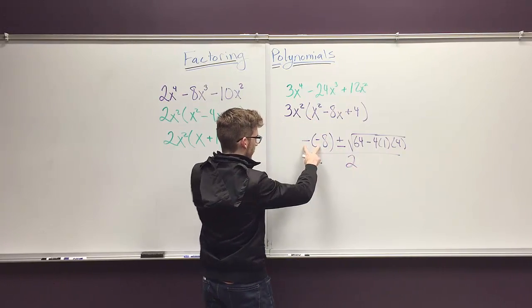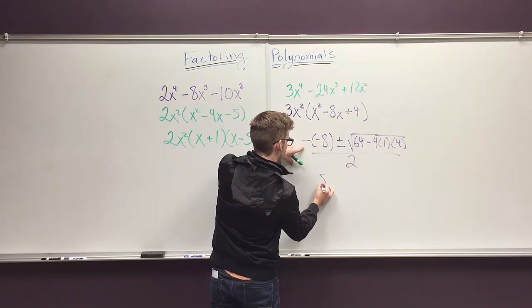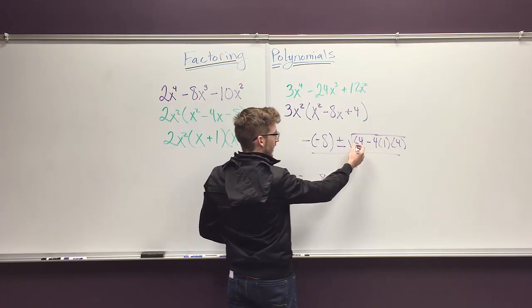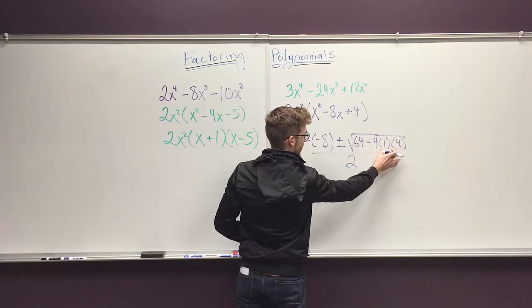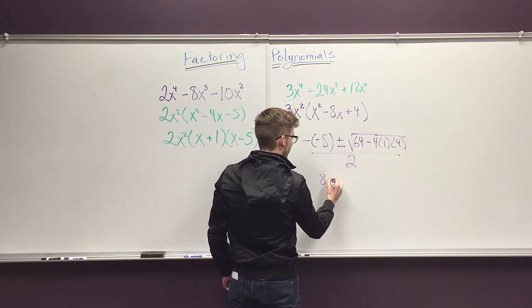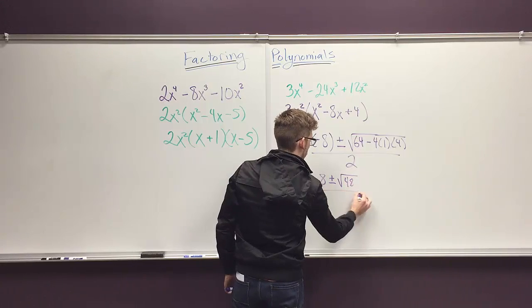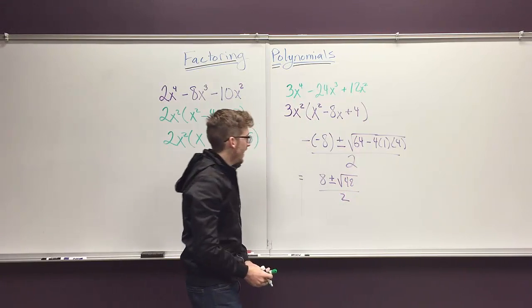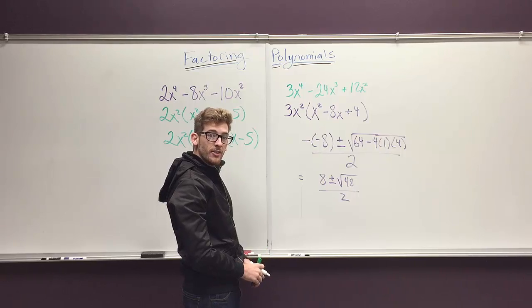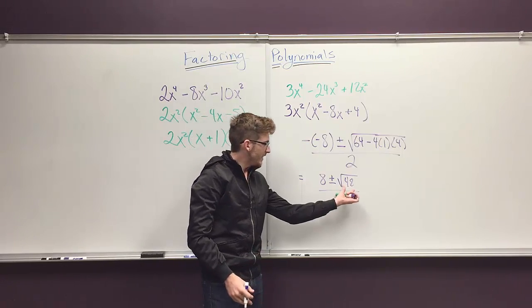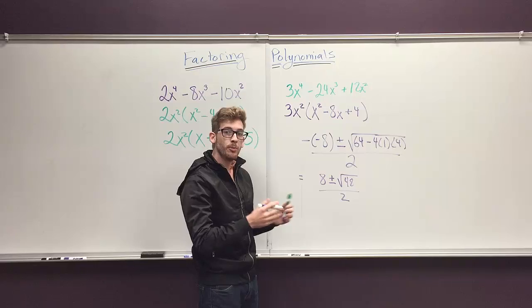Now, when we distribute the negative here, we just get 8. And 4 times 4 is 16. 64 minus 16 is 48. And you can check me on that. All over 2.